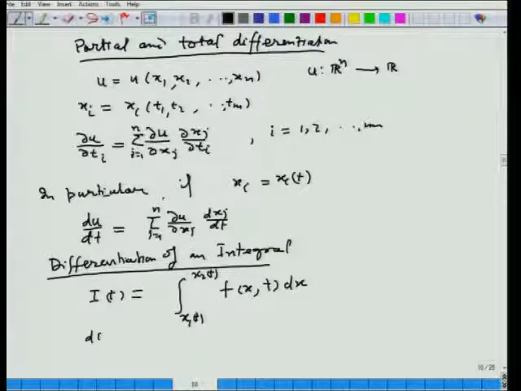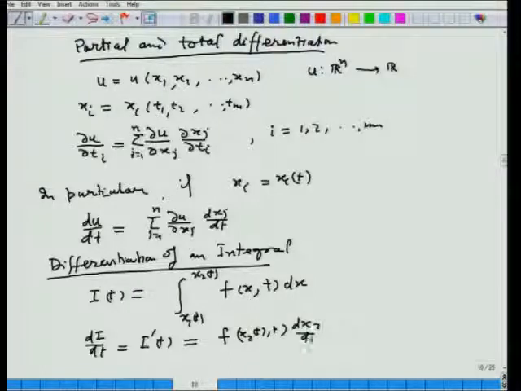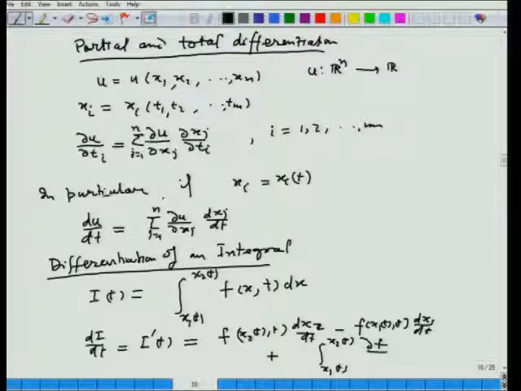Then this dI by dt, also denoted in short I prime of t, is given by the Leibniz rule: f at the upper limit, f(x2(t), t), times dx2 by dt, minus f at x1(t) times dx1 by dt, plus the integral from x1(t) to x2(t) of del f by del t of (x, t) dx.